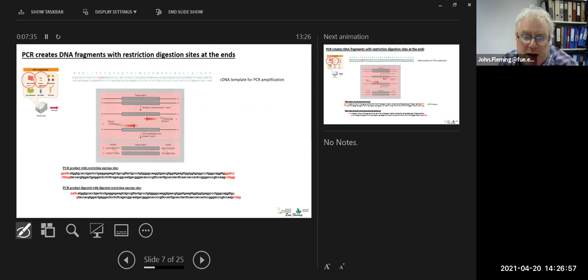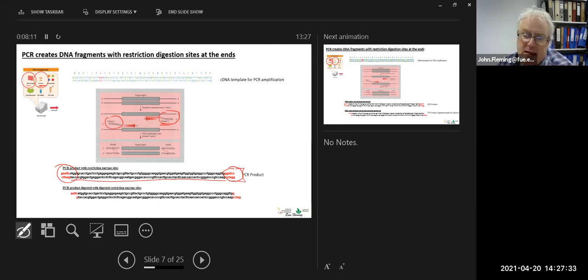Again, we're going to use primers that contain the additional nucleotides, so that it's not just complementary to the target cDNA, but contains additional nucleotides that represent the specific restriction enzyme recognition sites for particular enzymes. So now we're going to get a PCR product that, in addition to the cDNA sequence, is going to contain additional restriction enzyme recognition sequences.